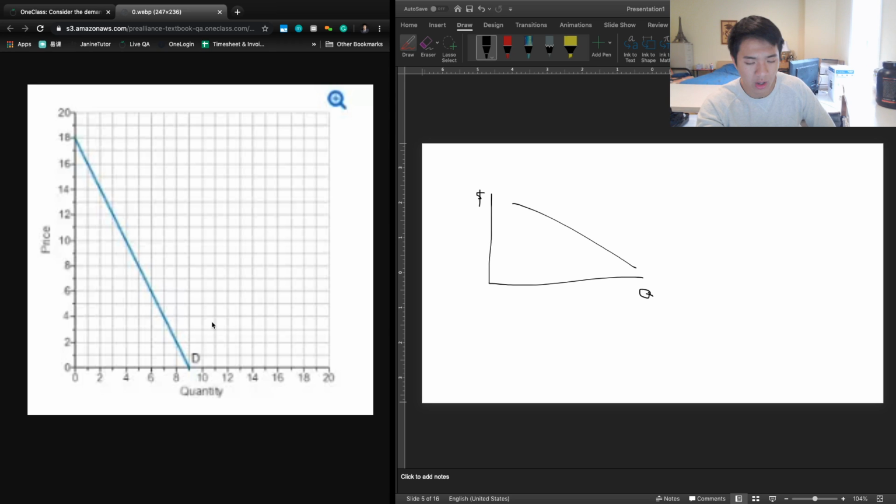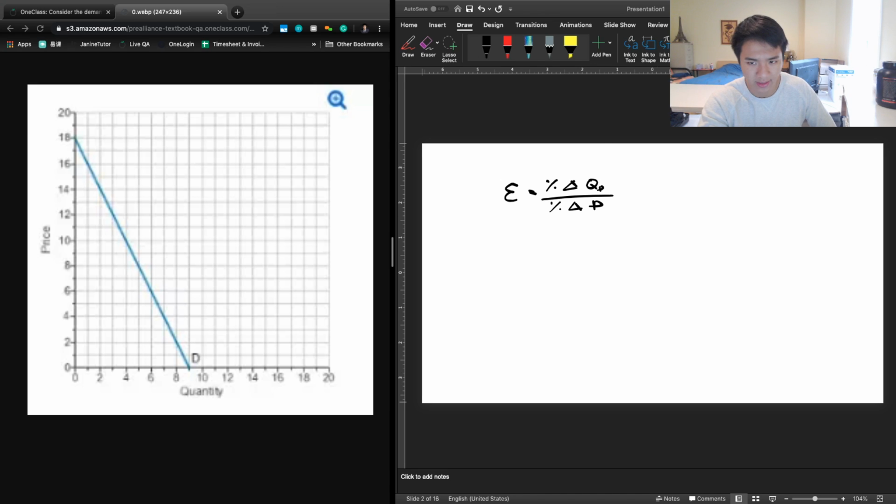To see that, all you have to do is look at the equation for elasticity, percentage change in quantity divided by percentage change in price. When you already have high quantity, a change from like 5 to 6 is only a 20% change, whereas a change from 1 to 2 is a 100% change in quantity.